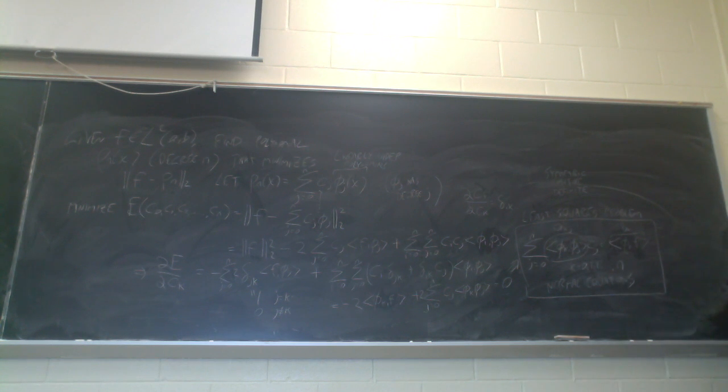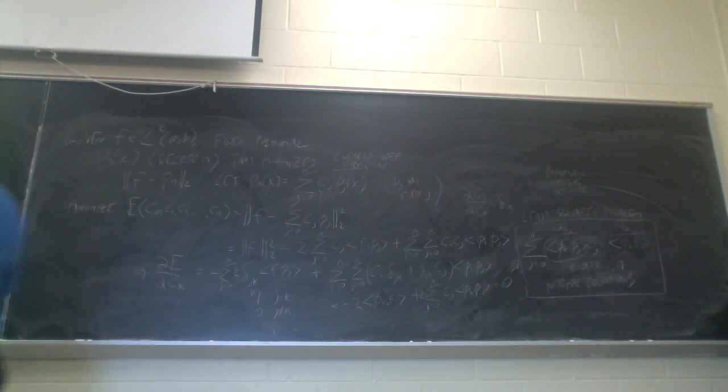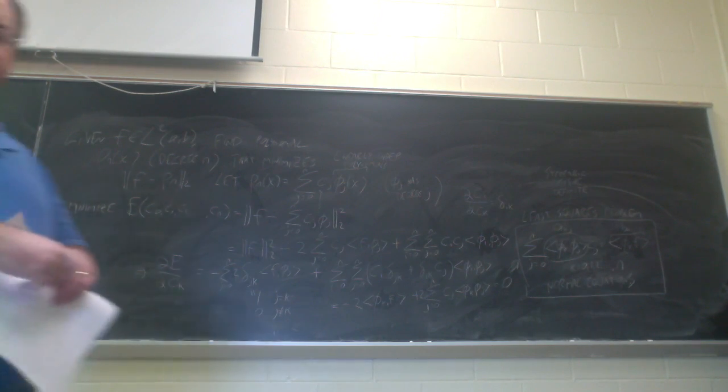But it turns out that's not a good idea because the matrix that you would get is terribly ill-conditioned. So we're not going to go there. In fact, what we'd like to do is make this system of equations as easy to solve as possible.